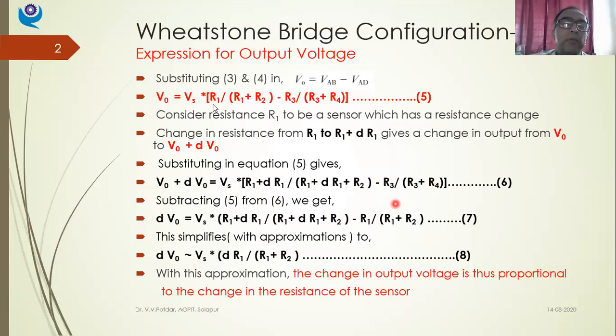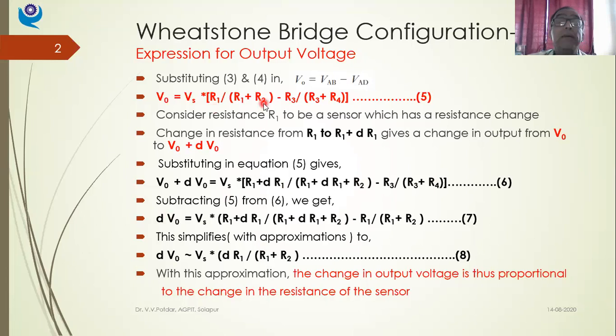Vs into the first part as it is, minus Vs into the second part as it is. So what you observe when I subtract 5 from 6? Only the left-hand side dV0 remains, Vs remains common throughout. Vs into (R1 plus dR1) upon (R1 plus dR1 plus R2), minus R1 upon (R1 plus R2).